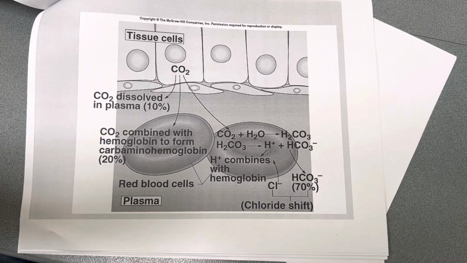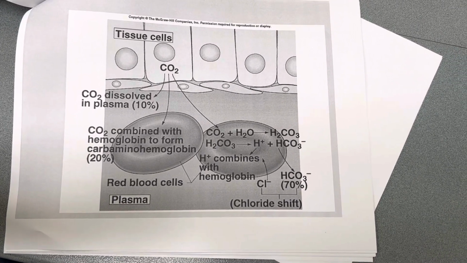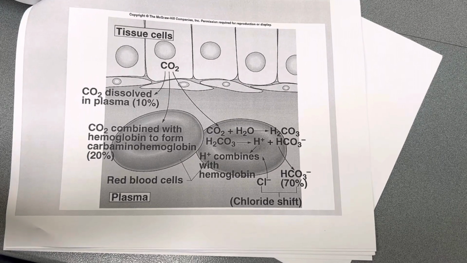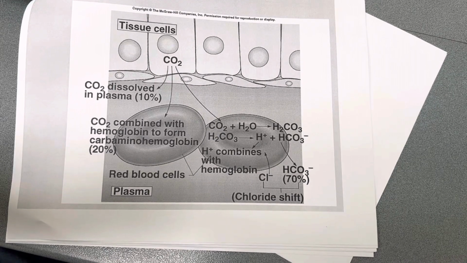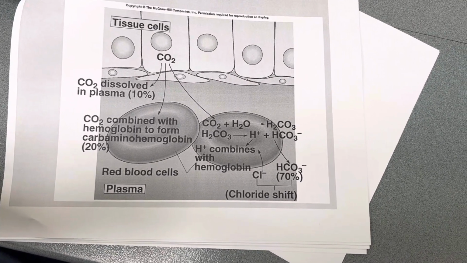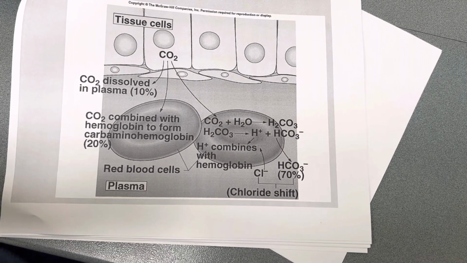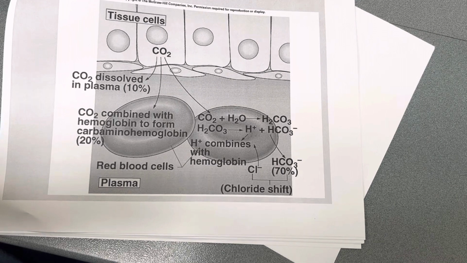In red blood cells, CO2 plus H2O forms H2CO3. H2CO3 is H plus HCO3. H combines with hemoglobin.